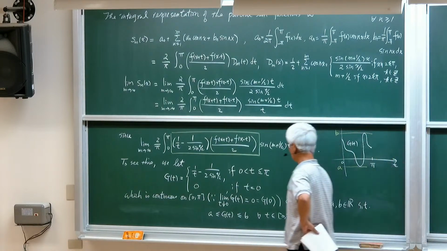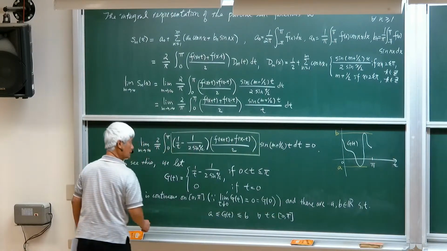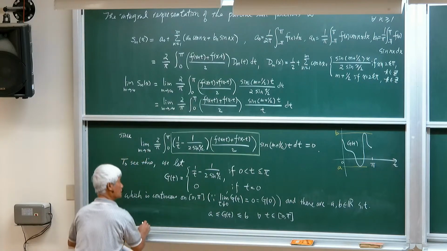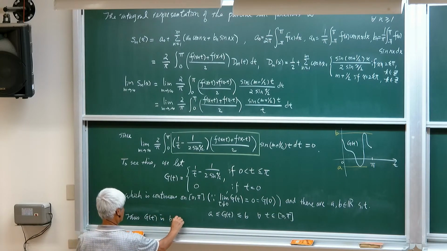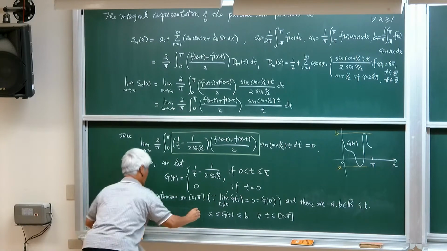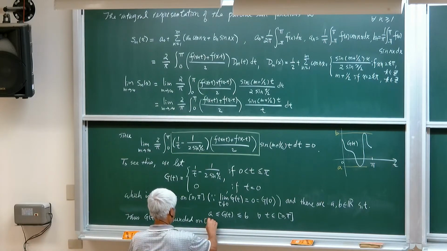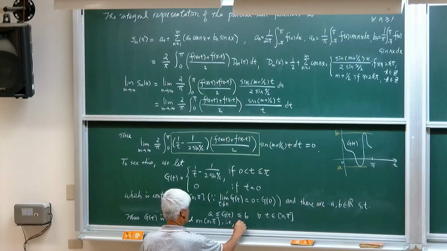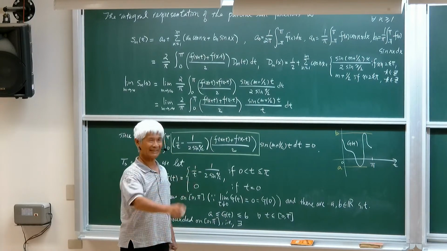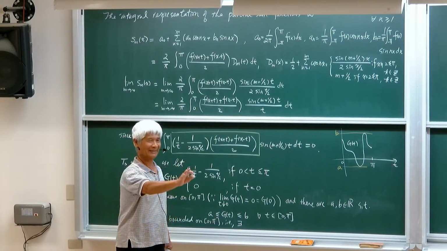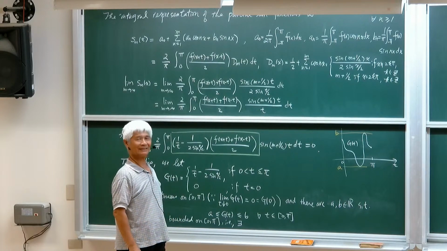And so thus g of t is bounded on [0, pi], that is, they exist. Yes, extreme value theorem, thank you. This is the good name.